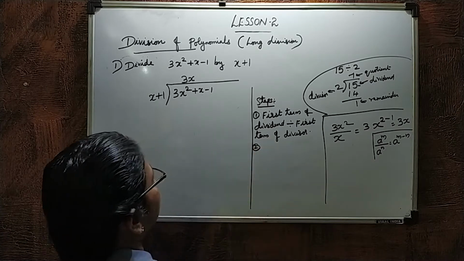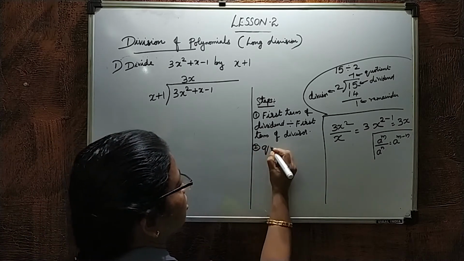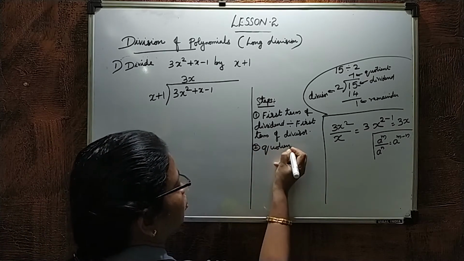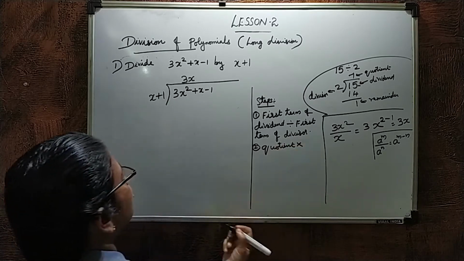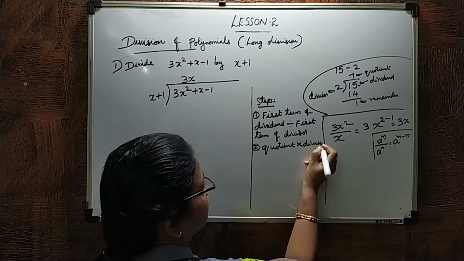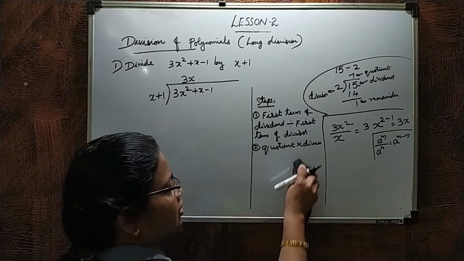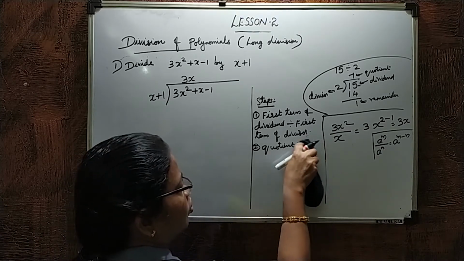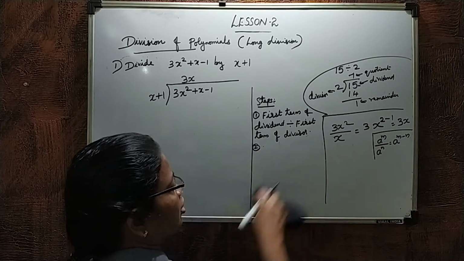Now the next step. Second step: quotient into divisor. Each term of the divisor, or first term of the quotient will be better.